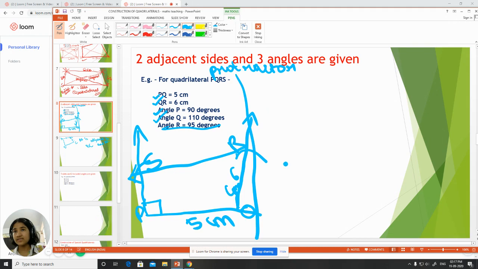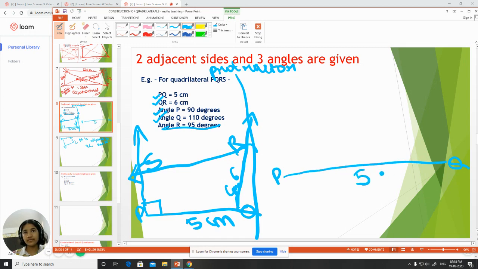Shall we start with the construction? See, let me explain it. So it goes somewhat like this. P to Q is 5 centimeters. So if this is P and this is Q, then let's take it to be 5 centimeters. Okay.